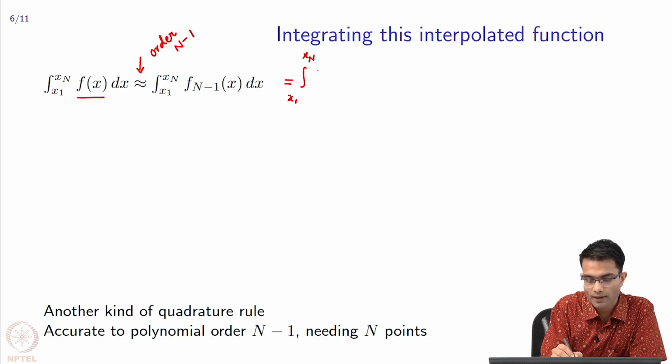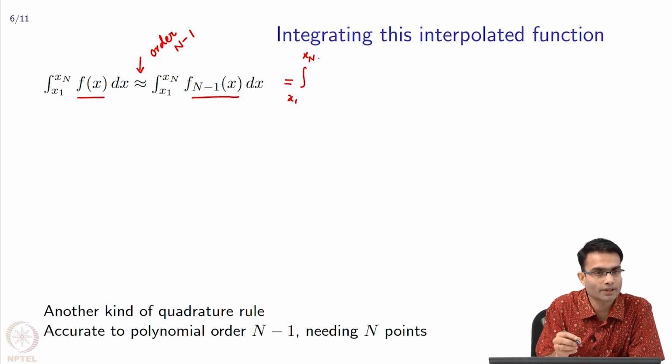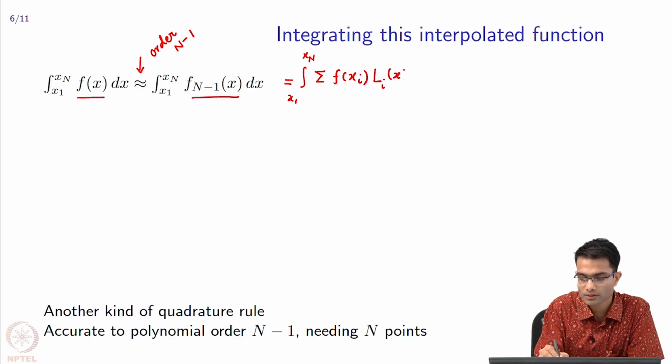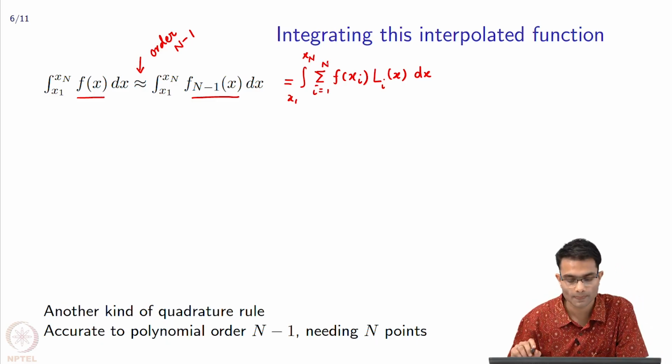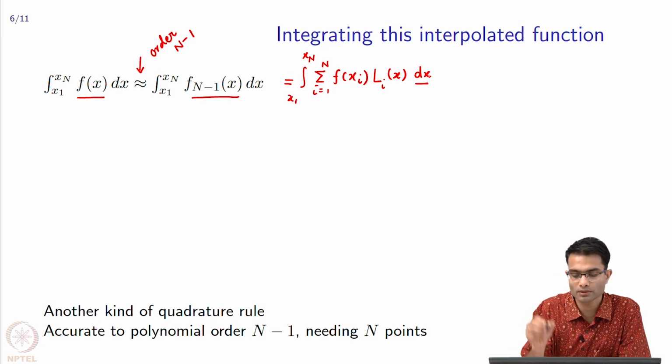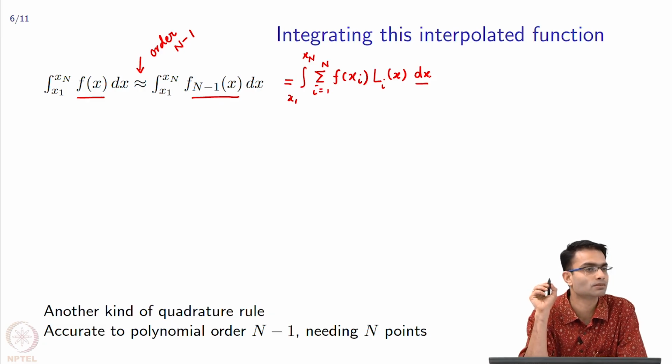So, f, this term over here, I am going to replace it by what I had already used before. So, that is going to be a summation of f of x i Li of x dx, i equal to 1 to n. Okay. So, I have just rewritten what I had done previously. Remember, this is an integration sign, the variable of integration is x.